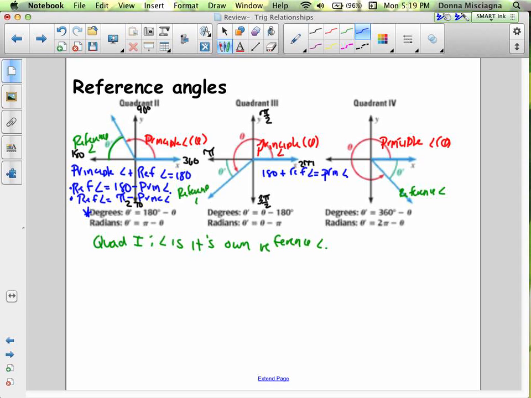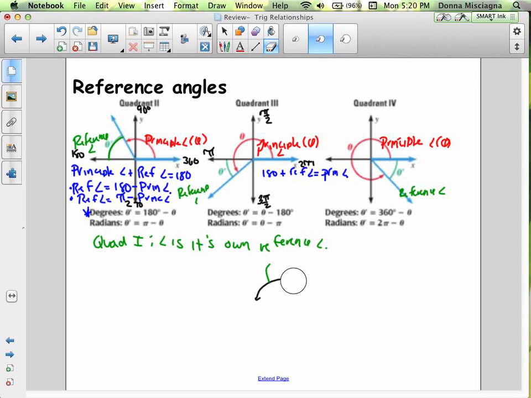So if we add this part here, which is 180, and this part here, which is our reference angle, we get the principal angle. Together, the 180 degrees plus the reference angle equals the principal angle.